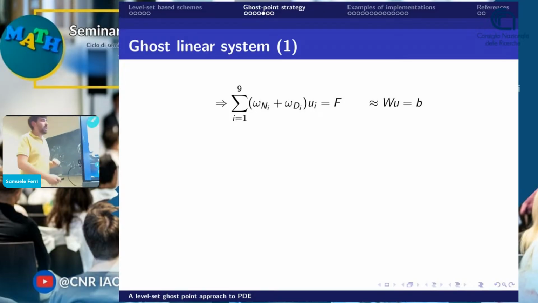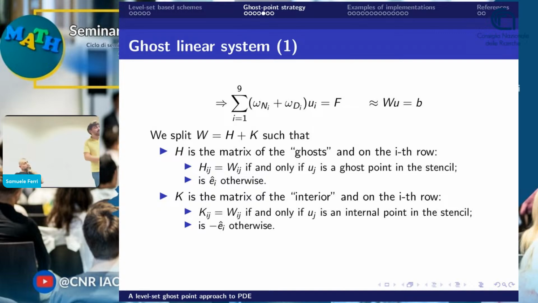Okay? And actually, what we do is, actually, we split the matrix W into different matrices, the matrix H and the matrix K. Now, I will explain each element. The next slide has a picture of them, because it is a bit hard to understand at the first time.